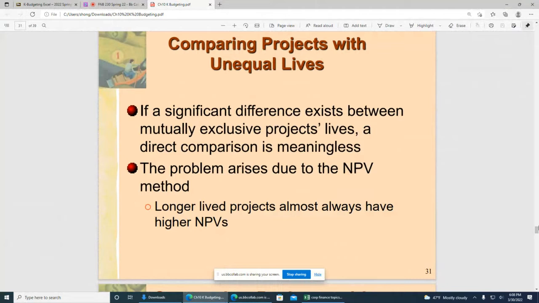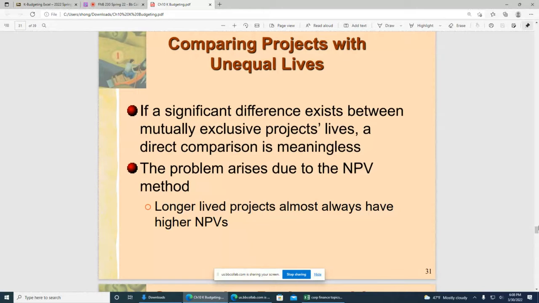Mutually competing or mutually exclusive, but they were assumed to have the same project lives.